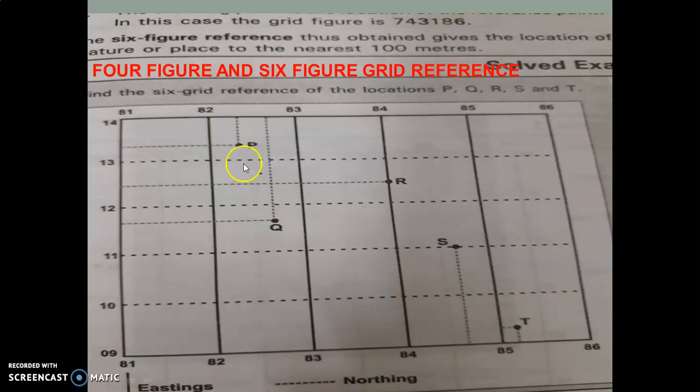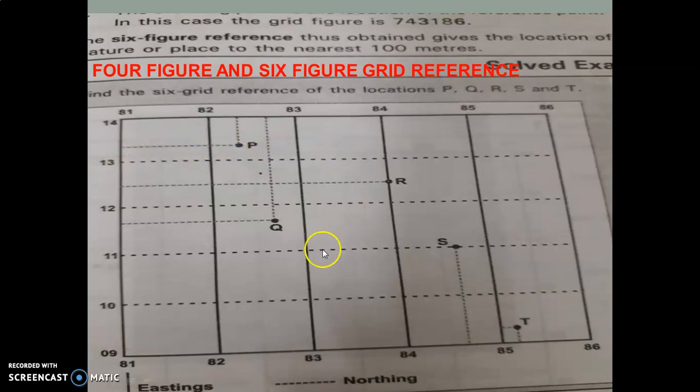So 82 5, then we write 13, and we divide this easting line into 10 equal parts, 0, 1, 2, 3. Suppose this P symbol lies on the 3rd part. So 82 5 13 3. This is the 6-figure grid reference.